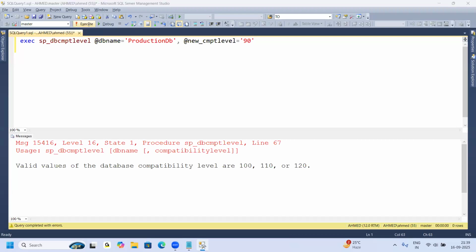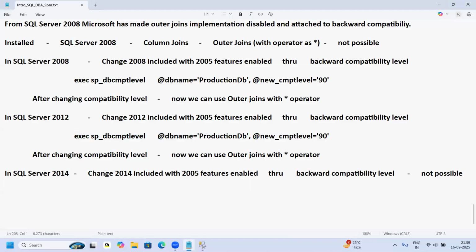And what numbers did I say? I'll write them for your reference. Release name and compatibility level.